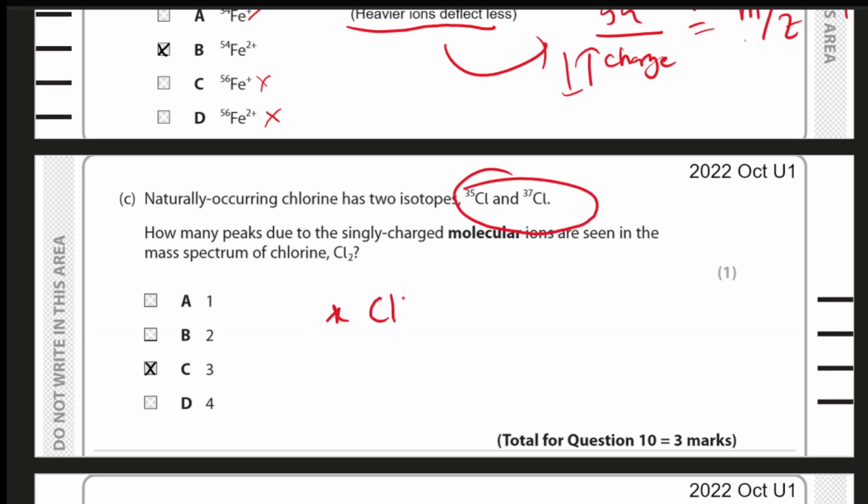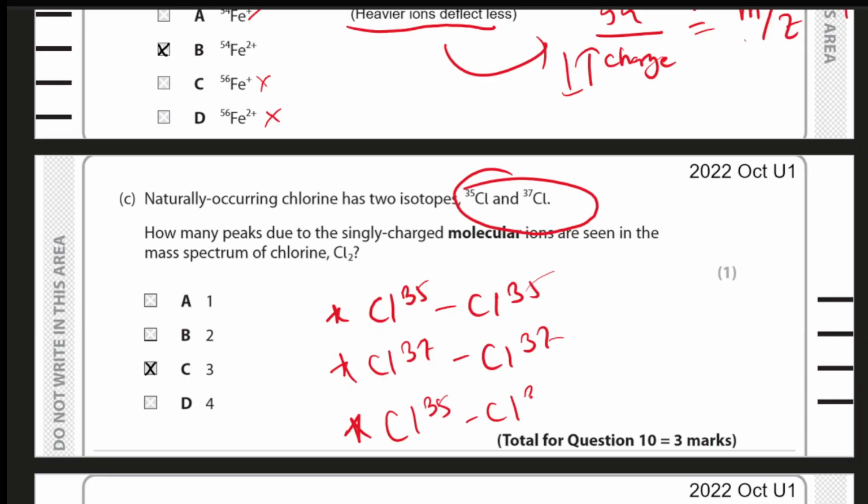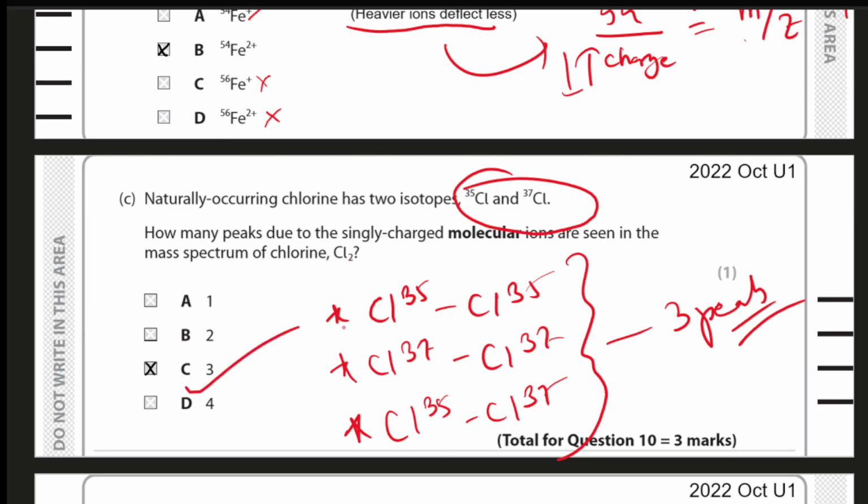One combination is chlorine-35 chlorine-35, then there is chlorine-37 chlorine-37, and another involves chlorine-35 chlorine-37. So these are the three combinations. Three combinations means three peaks might be present because of three singly charged molecular ions due to the combination of these three. So we can say that is why the answer is 3.